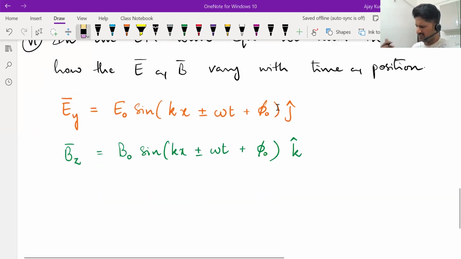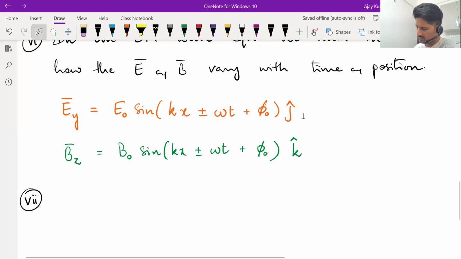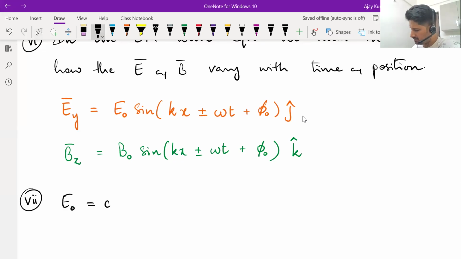Now see, if you observe the electric field and magnetic field equations, they are mostly the same except for the peak value. And it has been found that the peak values have a relation between them. The peak value of the electric field is C times the peak value of the magnetic field, where what is C?